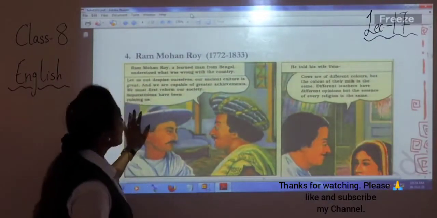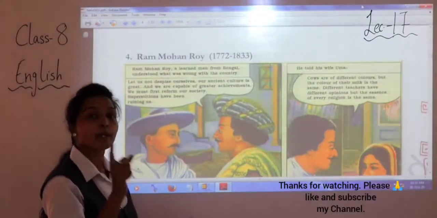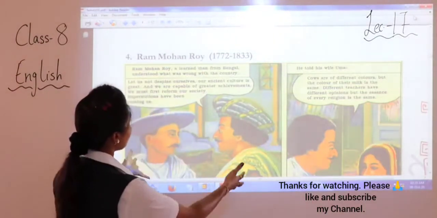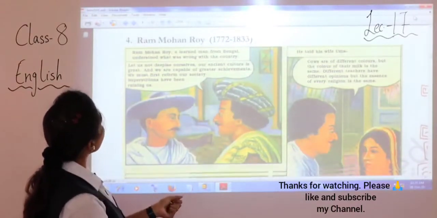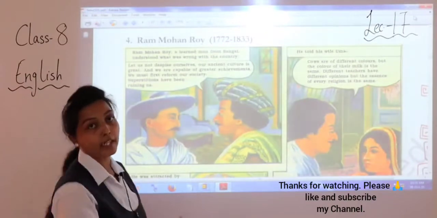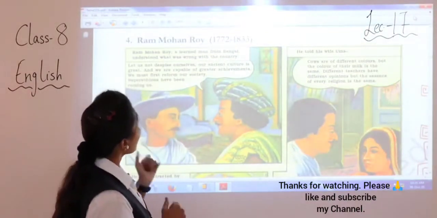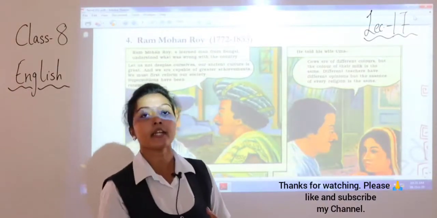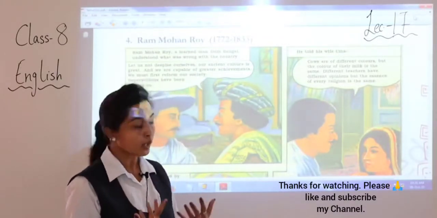Now Ram Mohan Roy knows the whole situation, what the Britishers are doing in our country. The two persons here are talking with each other, saying let us not despise ourselves. Our culture is great, and we are capable of greater achievements, and we have that much talent in our country that we can achieve more and more things.